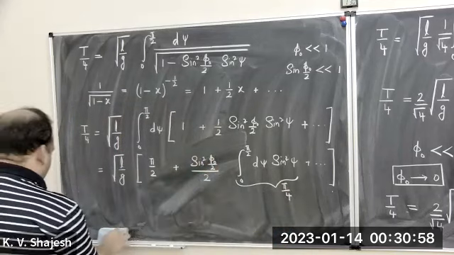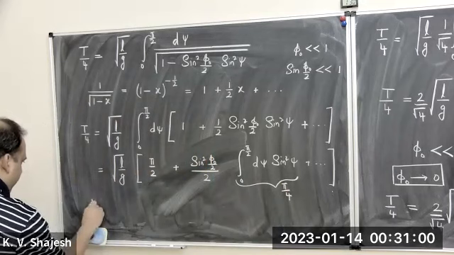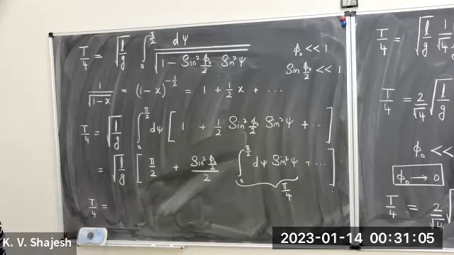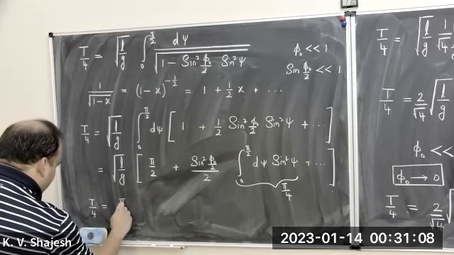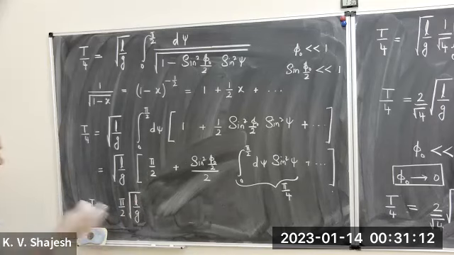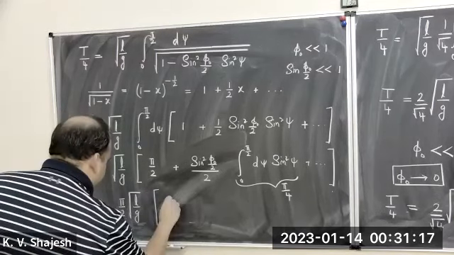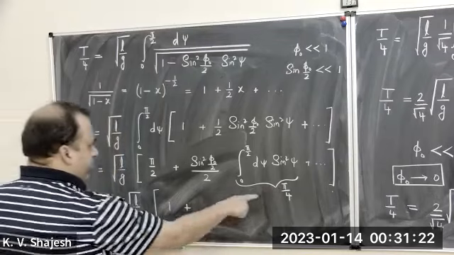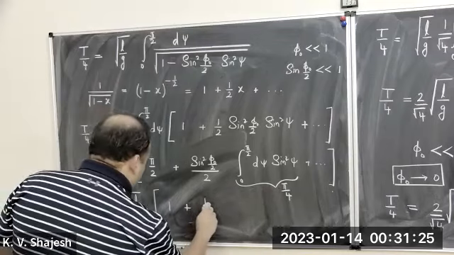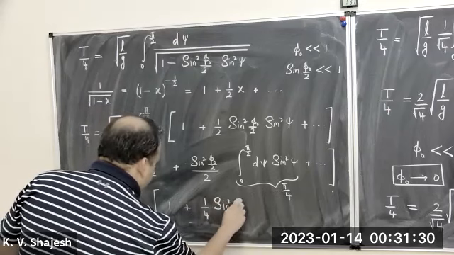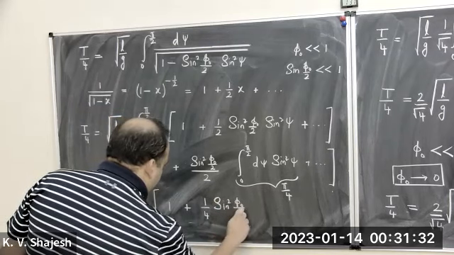So what we have then is the time period T over 4 is equal to, let me bring this pi by 2 out, so that's my actual time period in the extreme limit of small angle approximation. And then this is a correction to that: 1 plus, since I have taken out a pi by 2, I am left with 1 over 4 times sine square phi naught over 2.